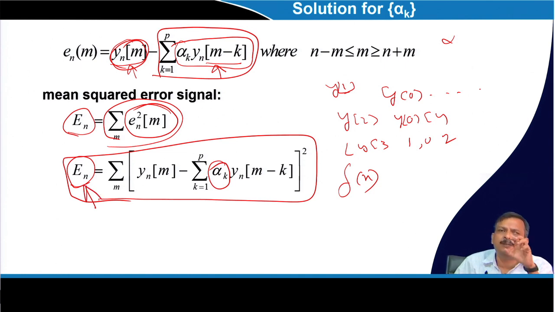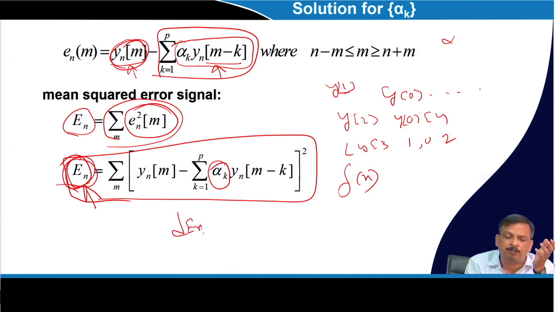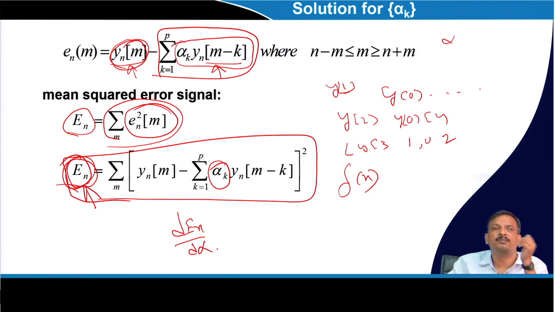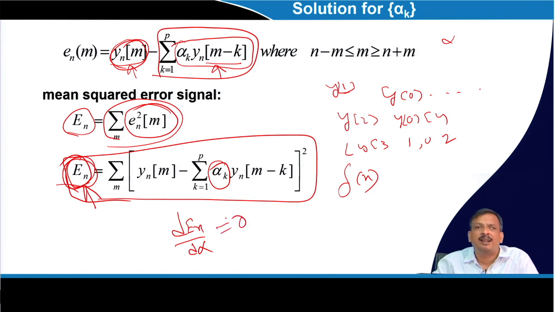My objective is to find those alpha values for which the error is minimum. So I take the differentiation dE_n with respect to d alpha, and setting it equal to 0 gives the minimum error condition.